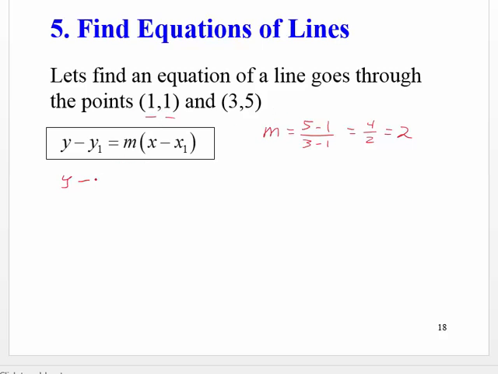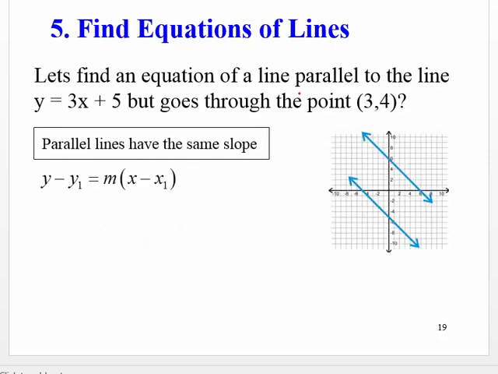It looks a little bit easier. y minus 1 is equal to 2 times x minus 1. Distribute. y minus 1 is equal to, distribute this across here, 2x minus 2. And we add 1 to both sides. And we get y is equal to 2x minus 1.